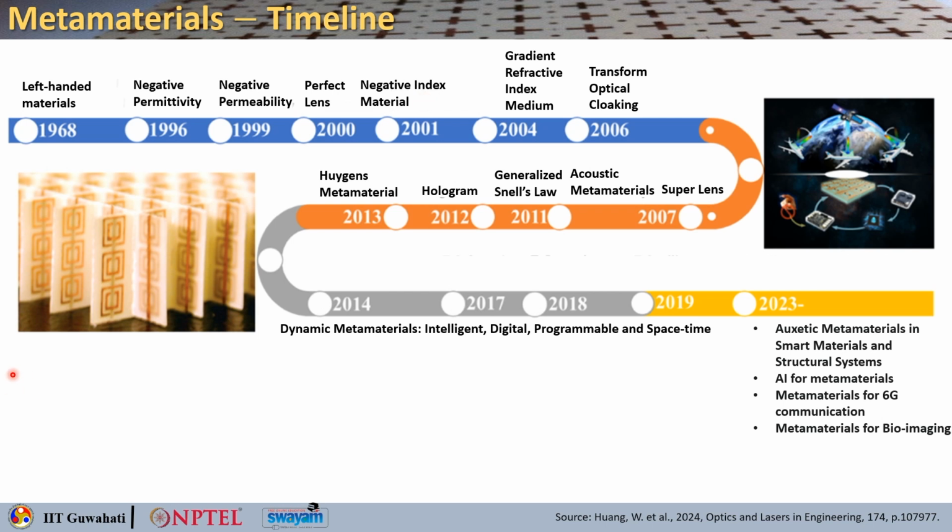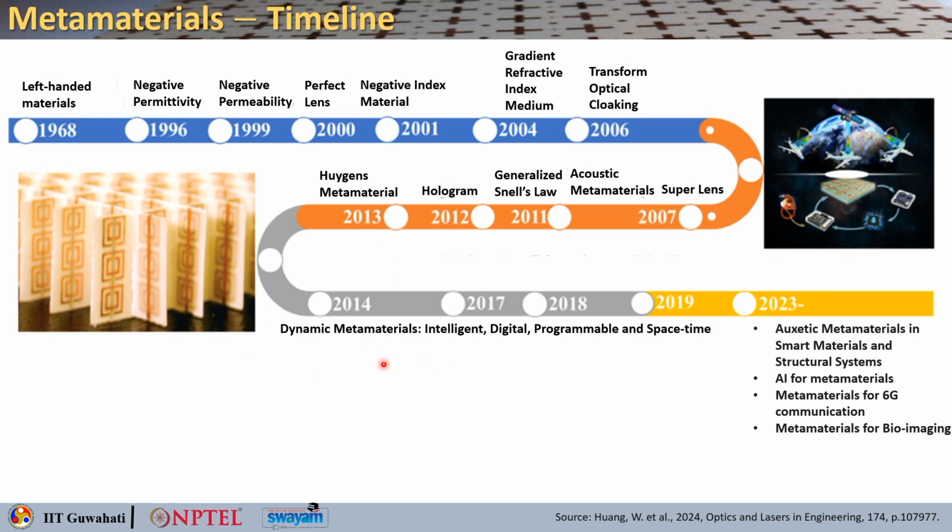In this flow chart you can see that from 2004, 2005 and 2006, a lot of revolution happened in this area of metamaterials, where people looked at gradient refractive index media, transformation optics, and optical cloaking. Then new application areas emerged, like super lens, acoustic metamaterials, generalized Snell's law, creating holograms, and Huygens metamaterials.